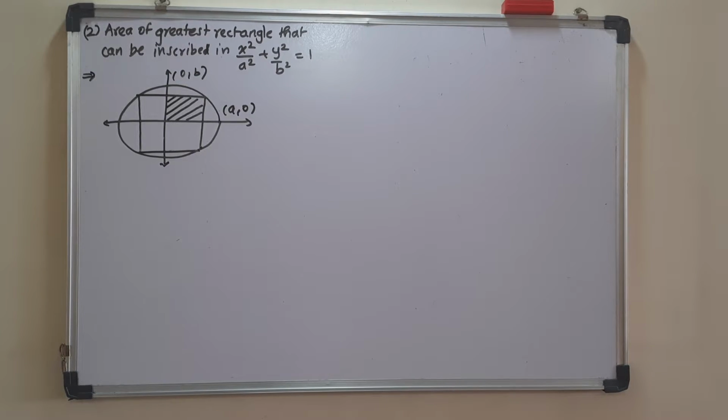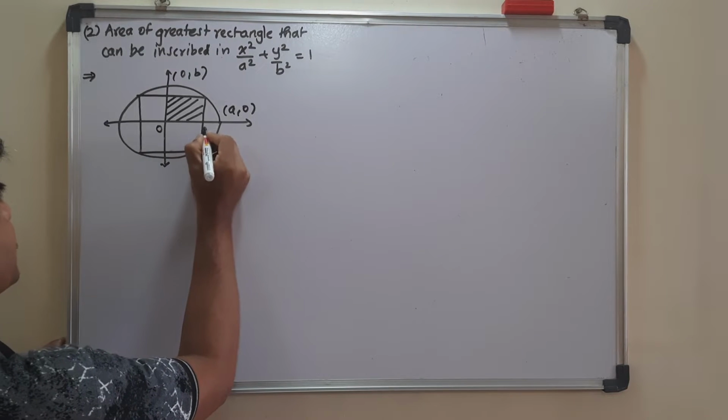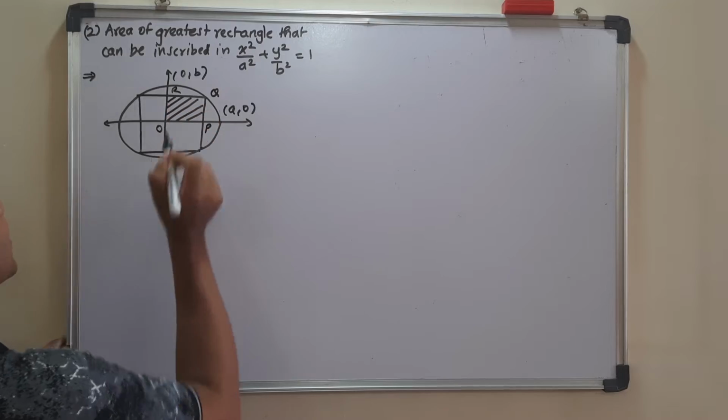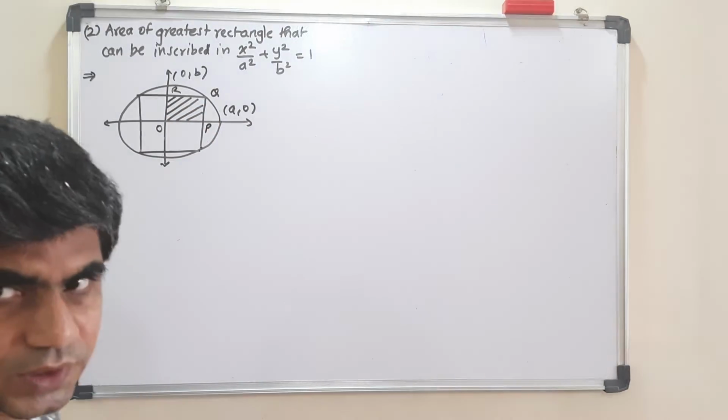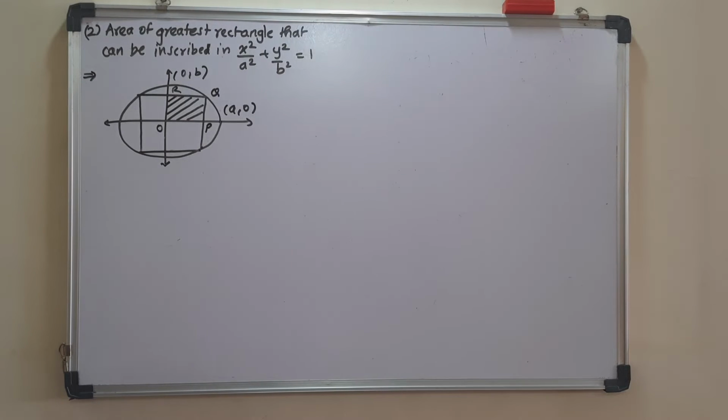Okay. If I name it in some format, let this be O, this be P, this be Q, and let this be R. Right? So I must be interested to know the length of OP and the length of OR.